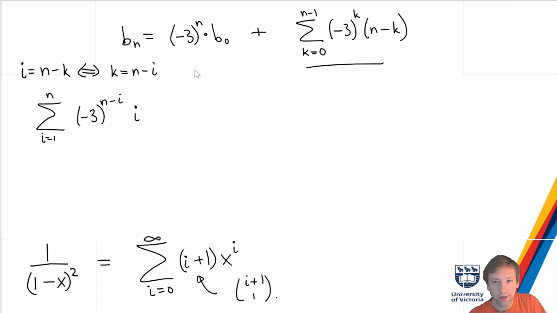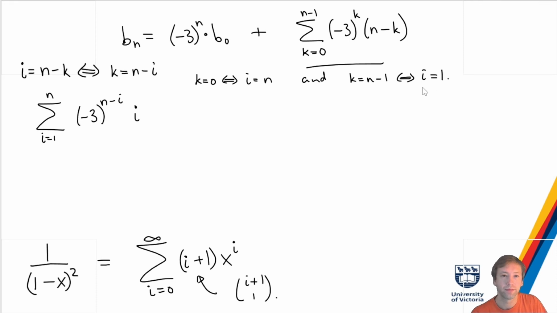The reason is that k equals 0 if and only if i is equal to n, so the bottom limit of the sum becomes the top limit of n, and k is equal to n minus 1 if and only if i is equal to 1. That explains the reason for these two limits of the summation. They come from the upper and lower limits of the original summation. Okay, so our sum is equal to this.